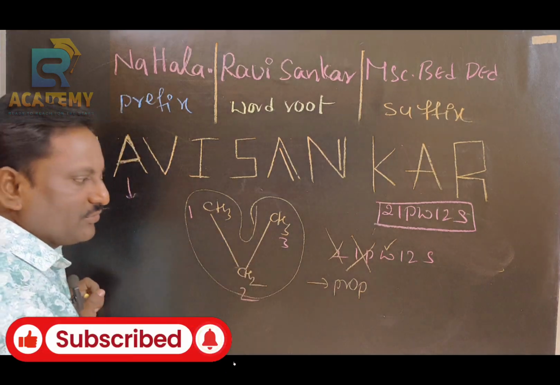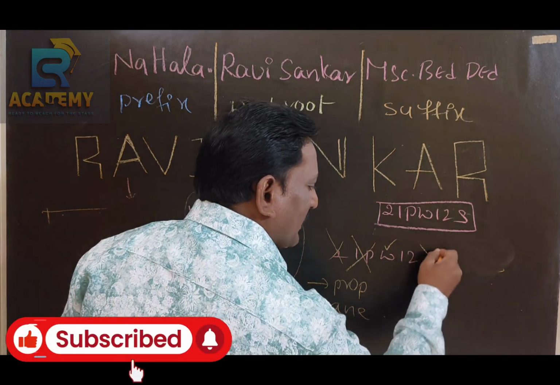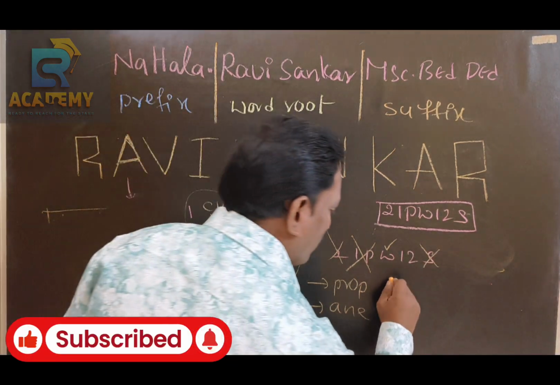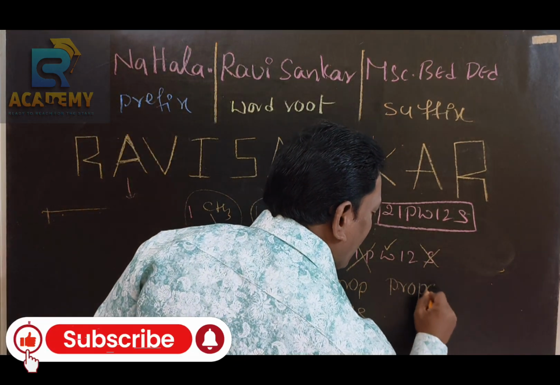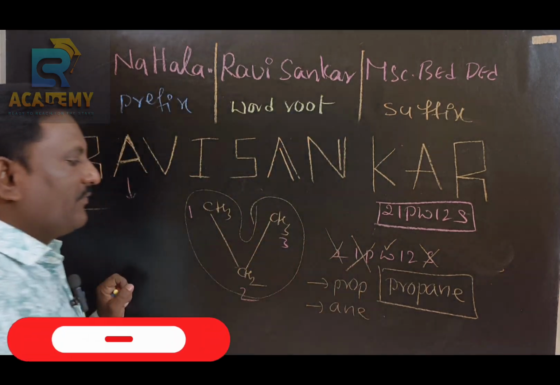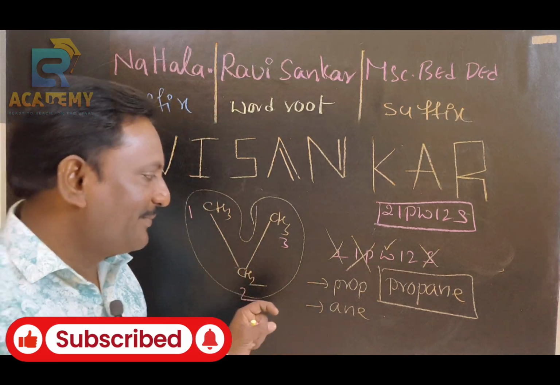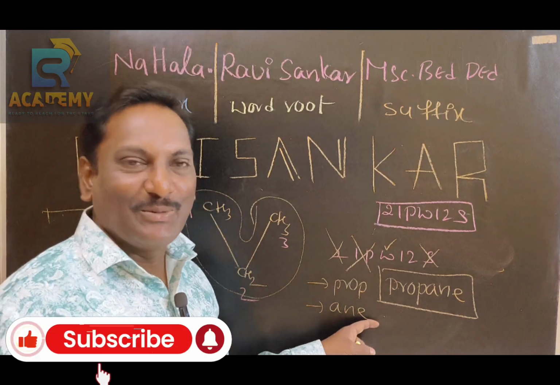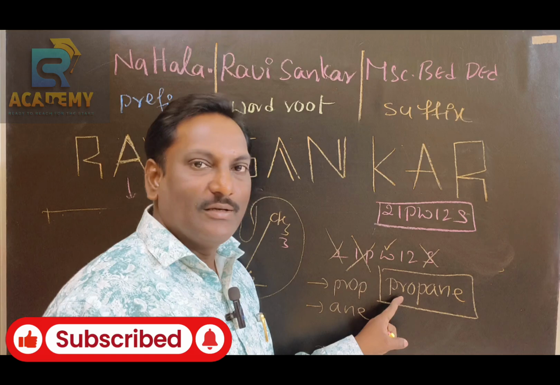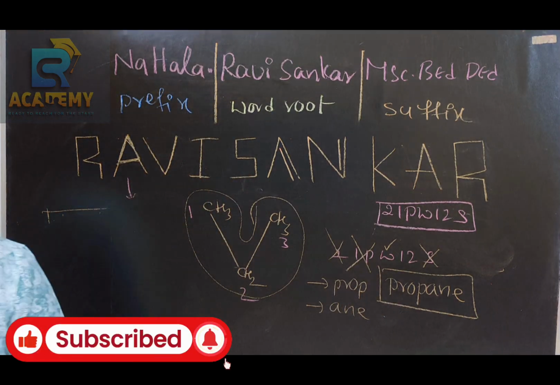So that's why ane. There is no secondary suffix. So that is propane. This is the name of the given compound, propane. Is it clear to you? Make a note.